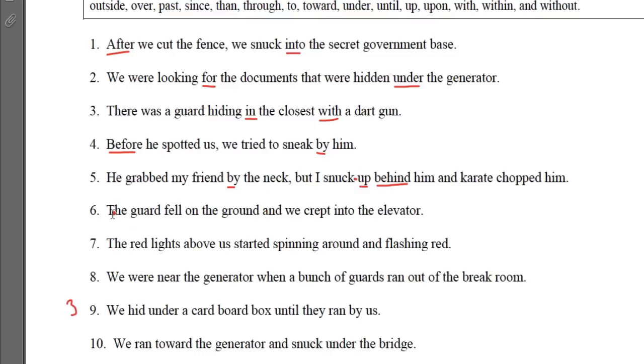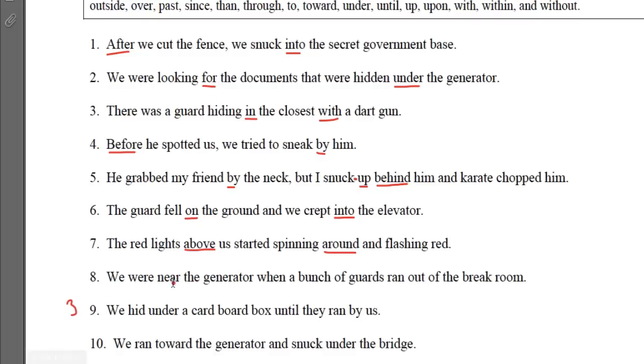So either way. The guard fell on the ground and we crept into the elevator. Both of those are prepositions of space. Actually, into would be a direction, I guess. The red lights above us started spinning around and flashing red.